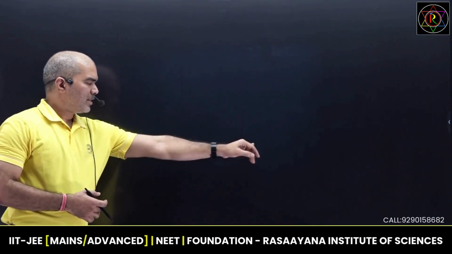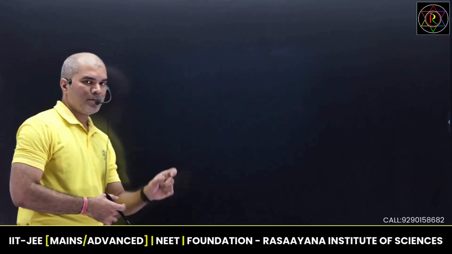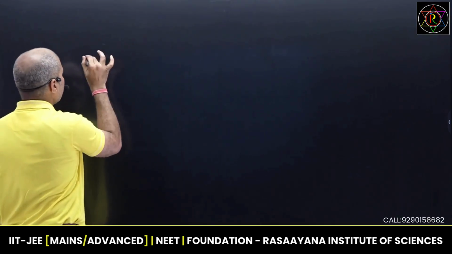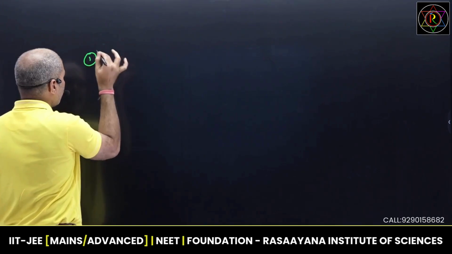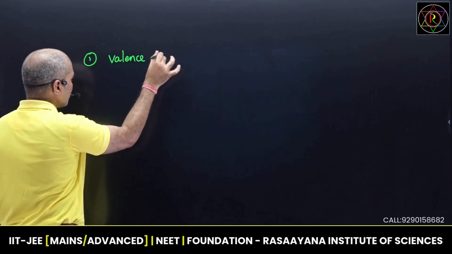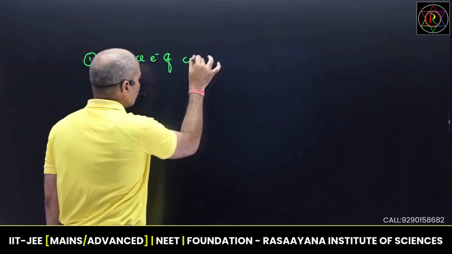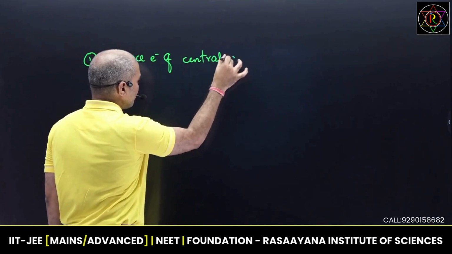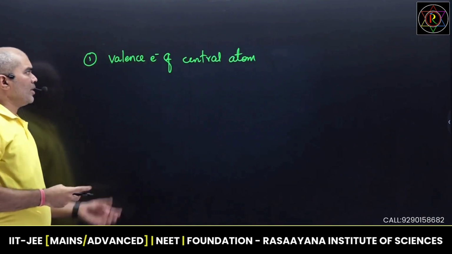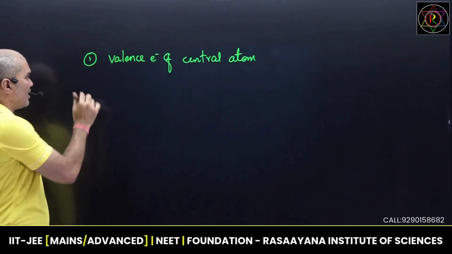Coming to the method to derive the geometries, the method that we are going to apply is a simple logical method. The first step, we should have an idea about valence electrons of the central atom. So you should go through to which group it belongs. Based on that, you have to derive the valence electrons of the central atom.